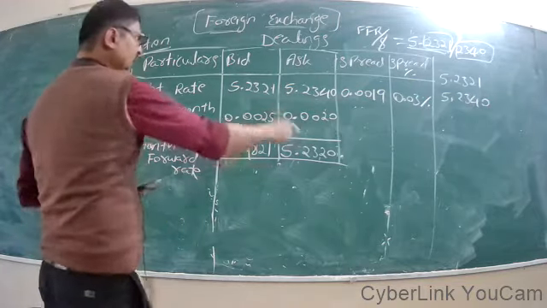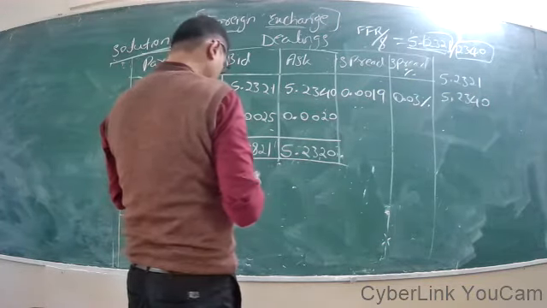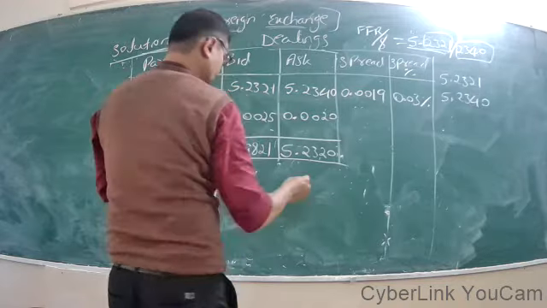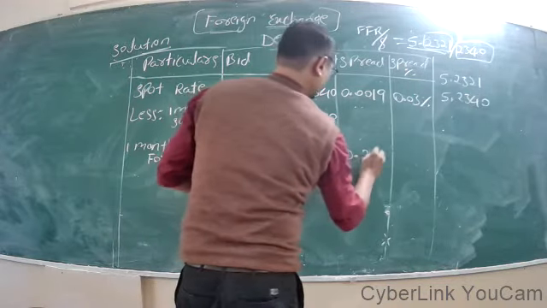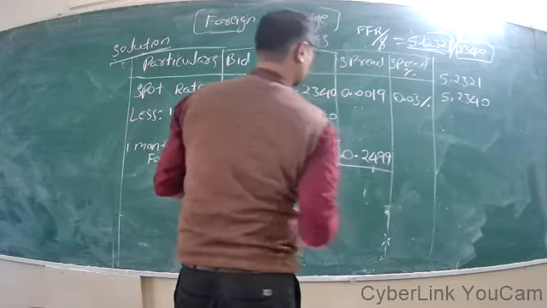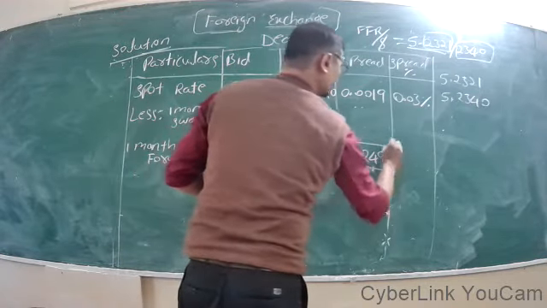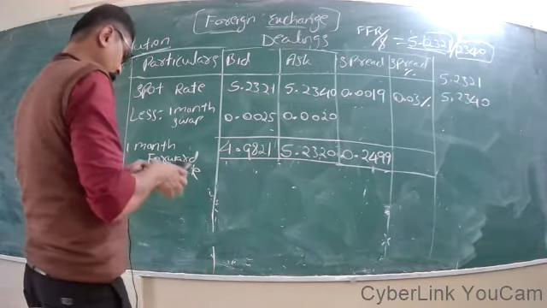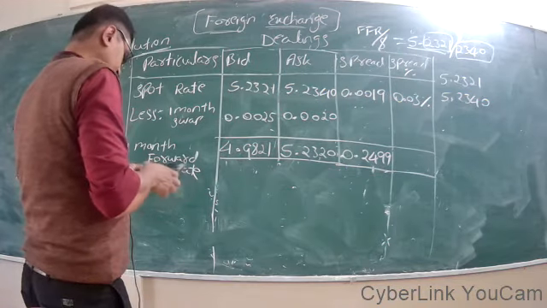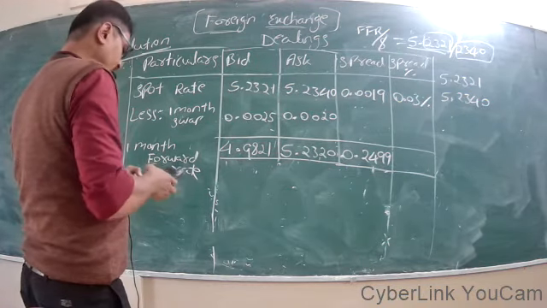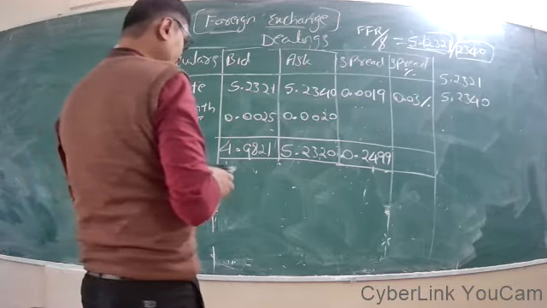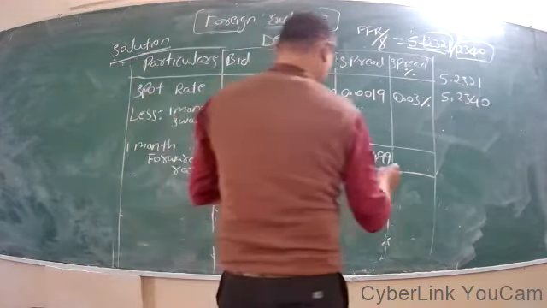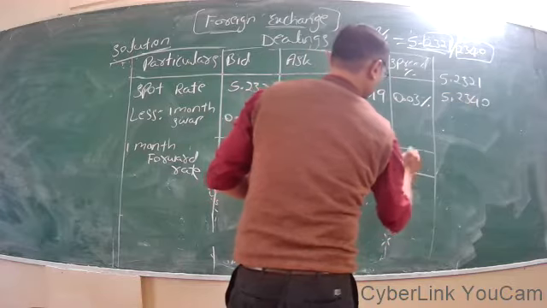So spread will be ask minus bid, that is 5.2320 minus 4.9821, which comes to 0.2499, and the 1 month spread percentage is ask minus bid, that is 5.2320 minus 4.9821 divided by ask price, that is 5.2320, multiplied by 100, right? That is 4%.